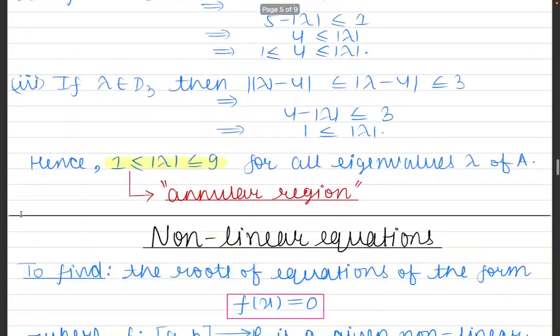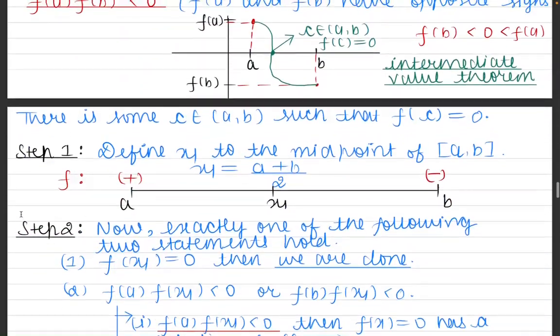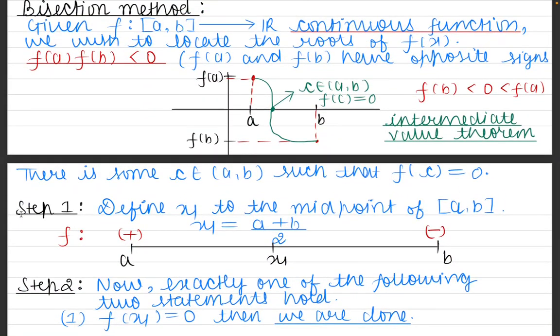So let's say you have ensured that there is one root lying in the closed interval [a, b].